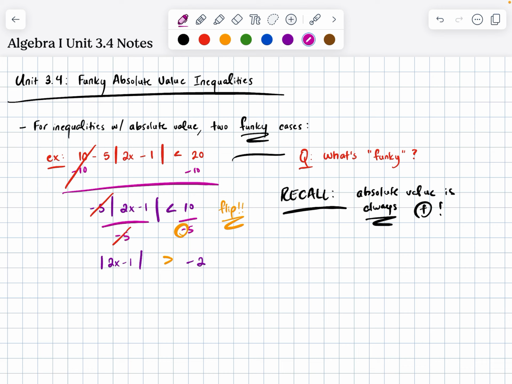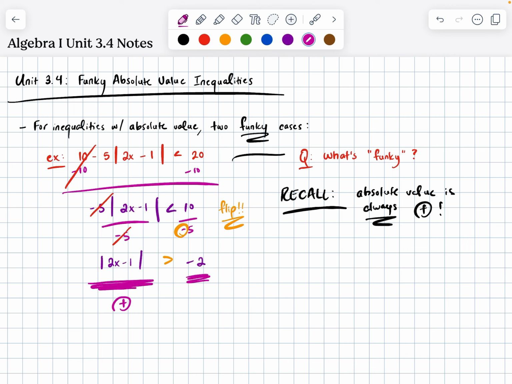So looking at this inequality, that's telling me the left side here is always going to be a positive value. But what I'm saying then is that the left side is positive, and then it's greater than a negative number on the right side.